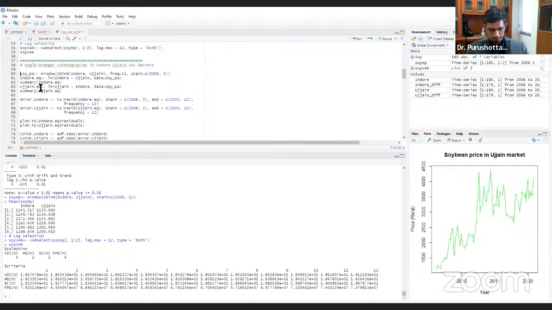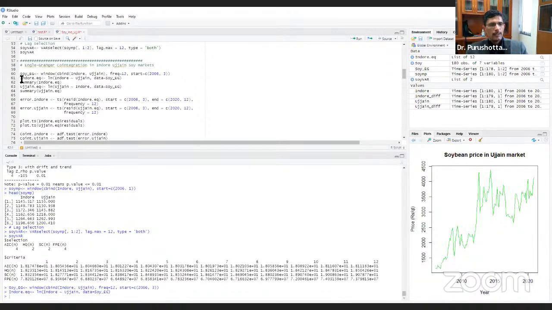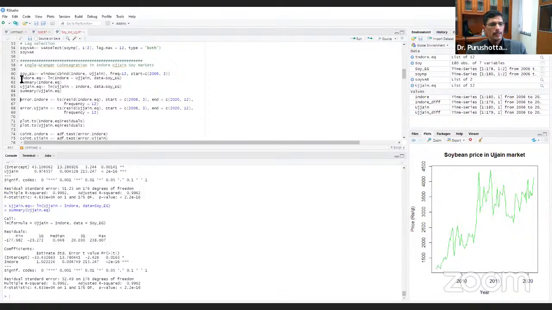So for Engle-Granger, what we have discussed, we will first regress the Indore and Ujjain series, then Ujjain on the Indore series. These are the results. And then, as we have discussed in the steps, the long run relationship means the regression, and then the residual series.